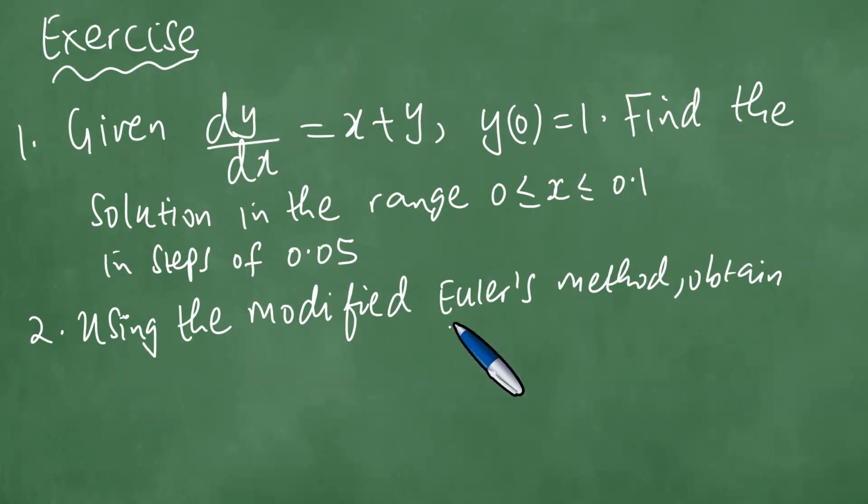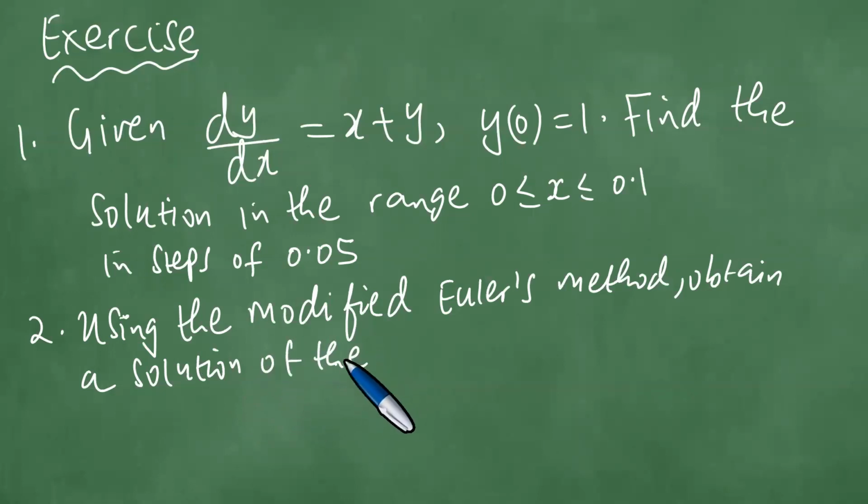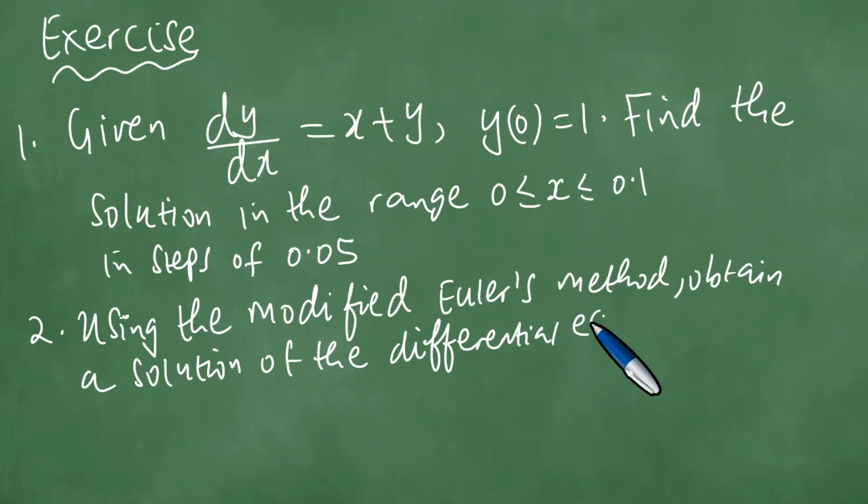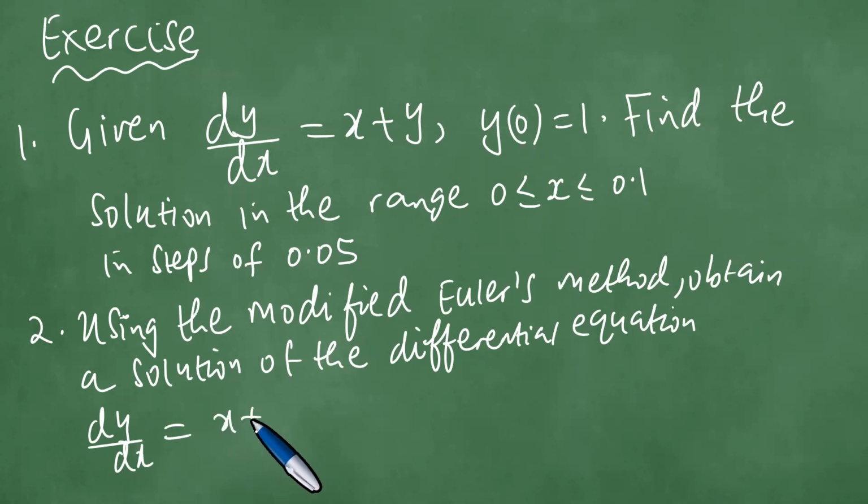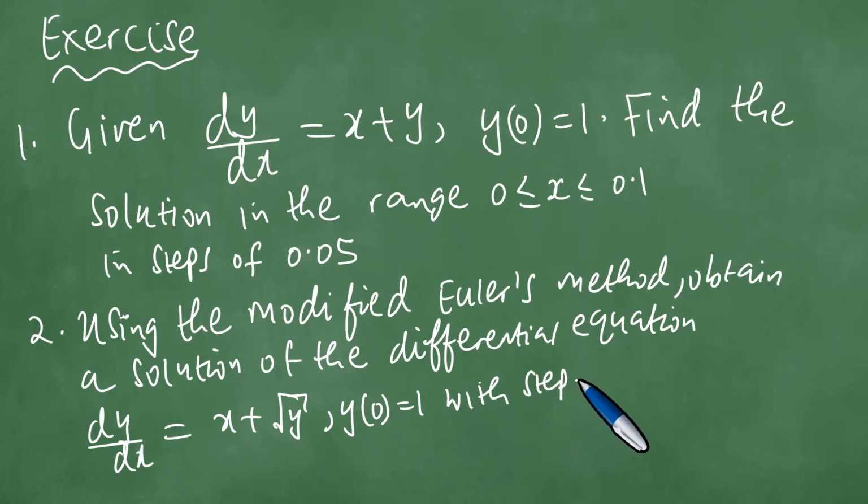Right, so using the modified Euler's method, obtain a solution of the differential equation dy/dx equals x plus the square root of y, with y at 0 equal to 1, with step size h equals 0.2.